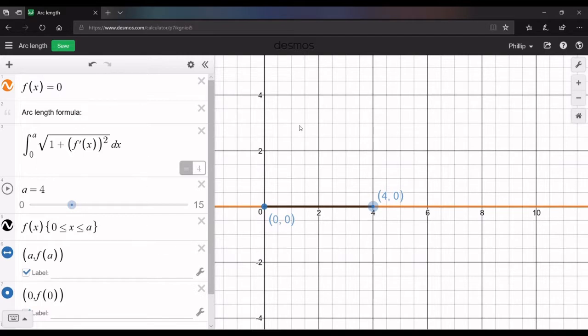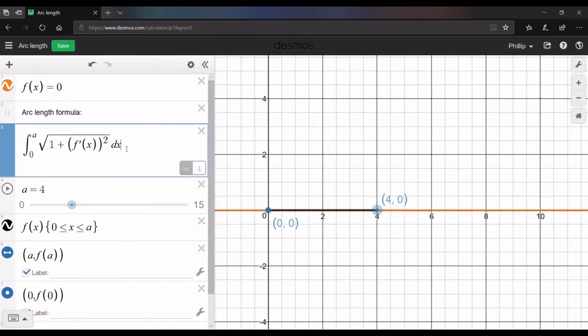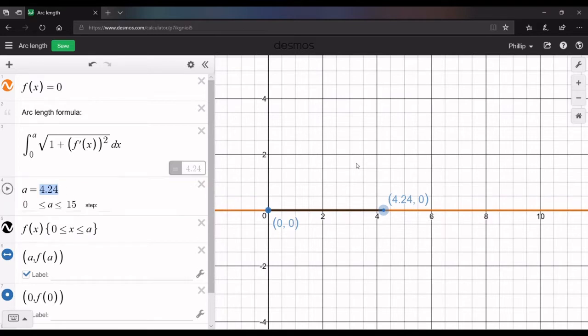So what we can do, I'm going to prove that this works to you guys. I can move this point around, and because my function is 0 right now, the distance will just be whatever value this value is right here.